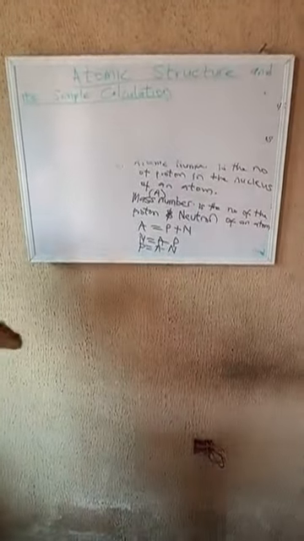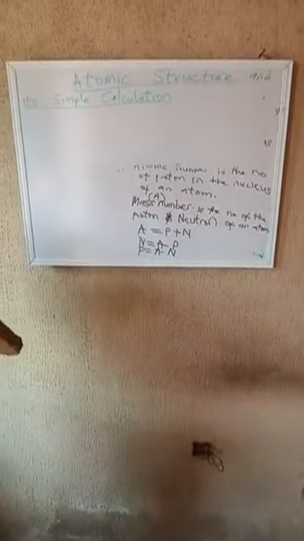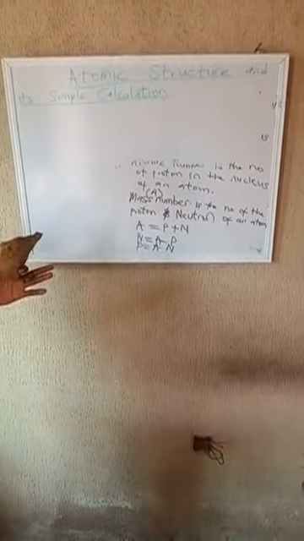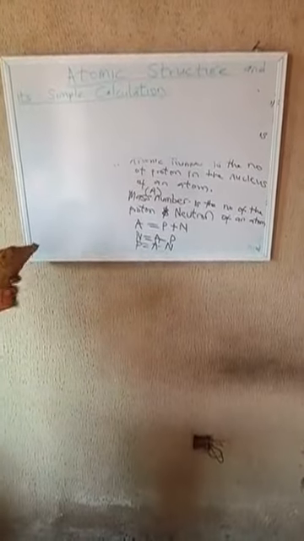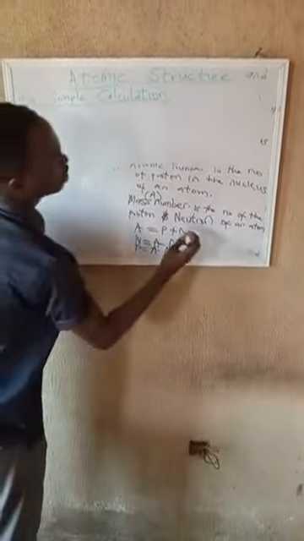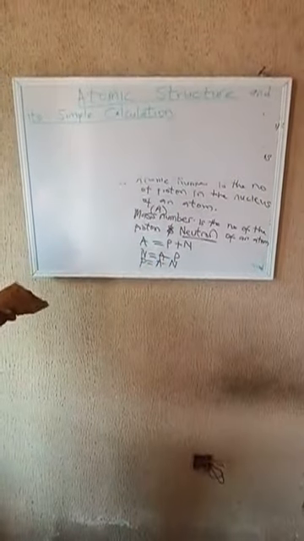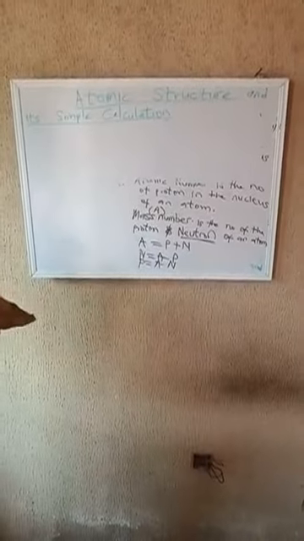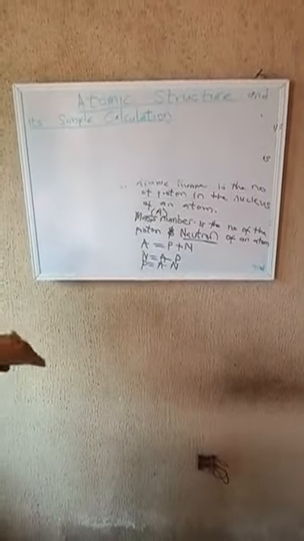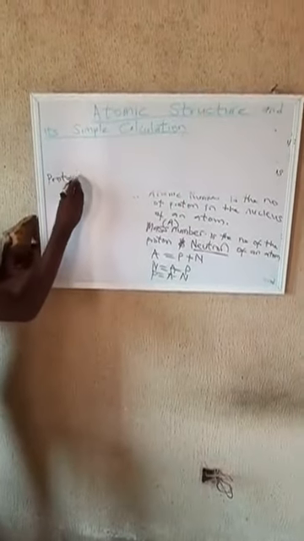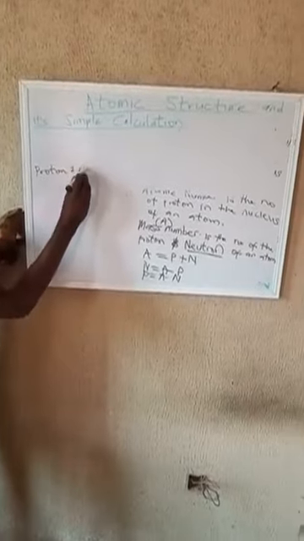And in our last class we talked about isotopes. We learned that isotopes have different mass numbers, and what causes the difference in their mass number is a result of their neutrons. And there is also a relationship between proton and electron.